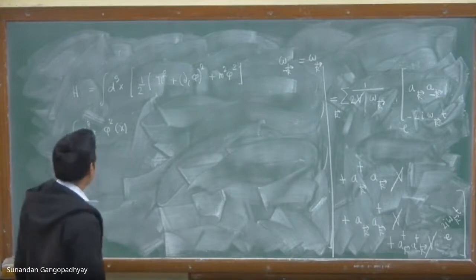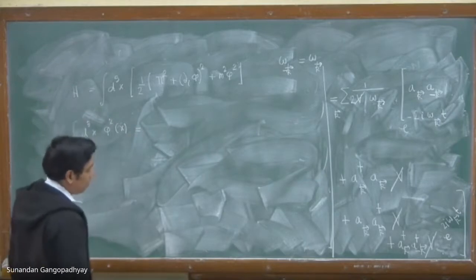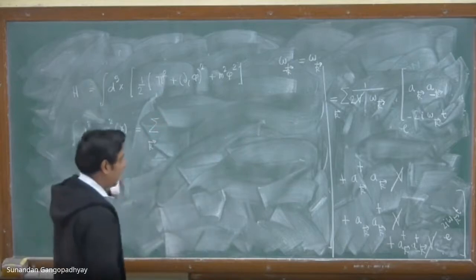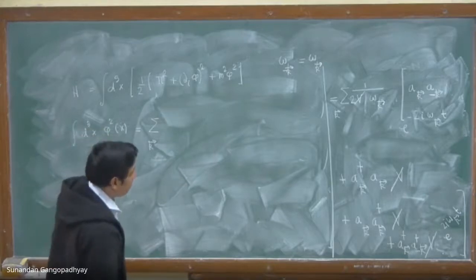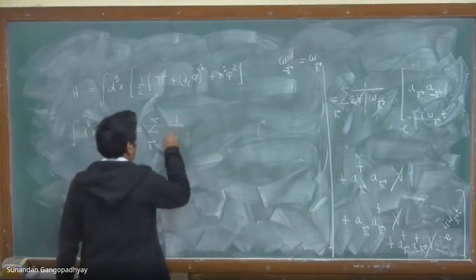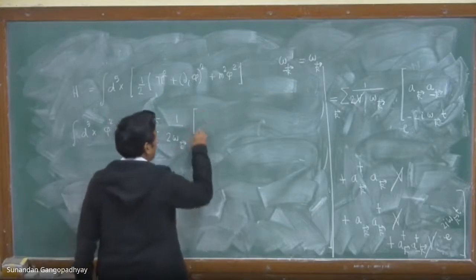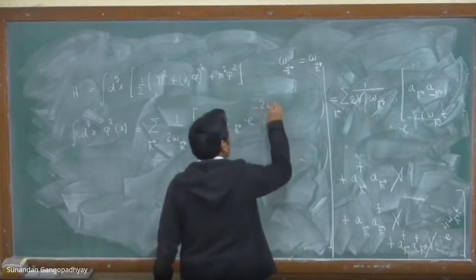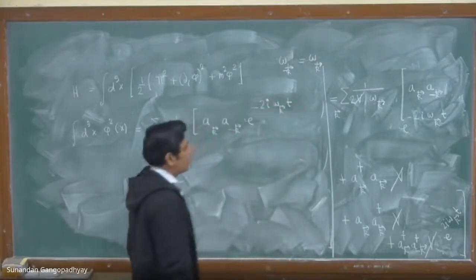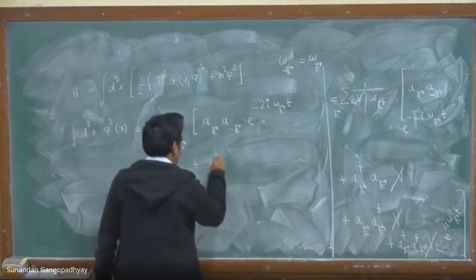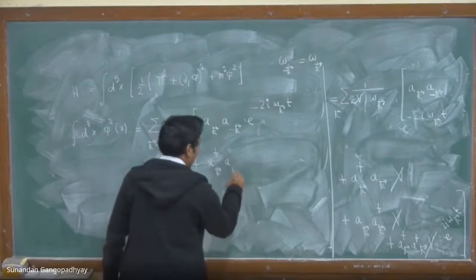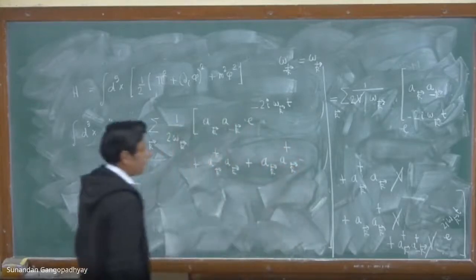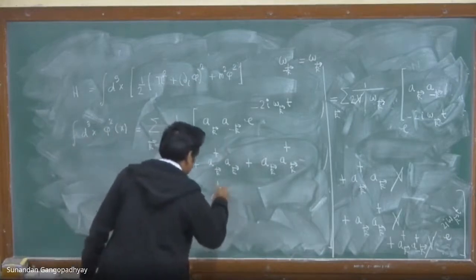So what you get from here is the following: is equal to summation over k, and then we have half, 1 by 2 omega k, a_k a_{-k} exponential this thing plus this term plus.